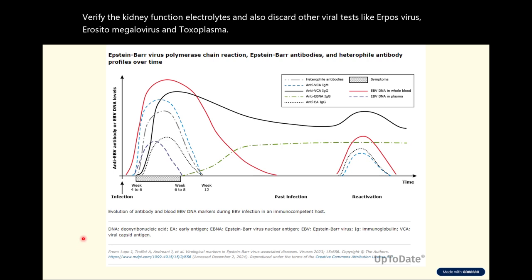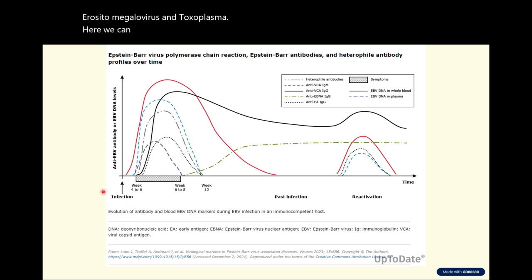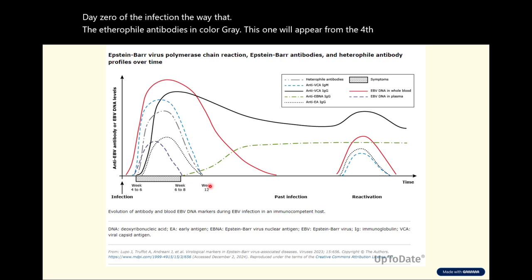Here we can see, starting with day 0 of the infection, the heterophile antibodies in color gray, this one, will appear from the 4th week up to the 12th week.